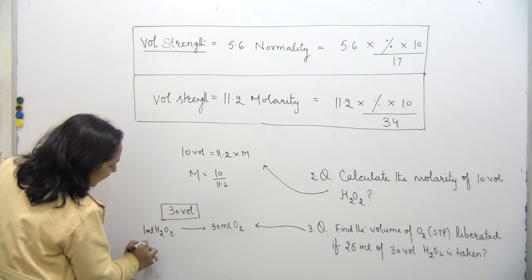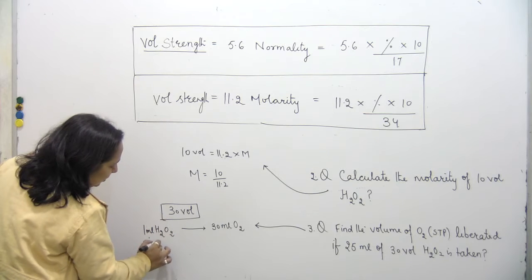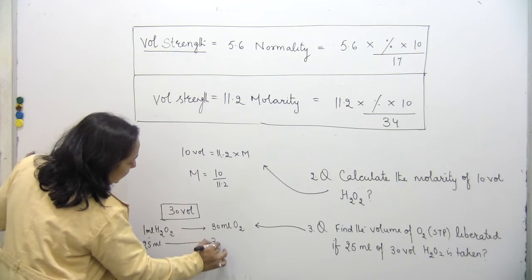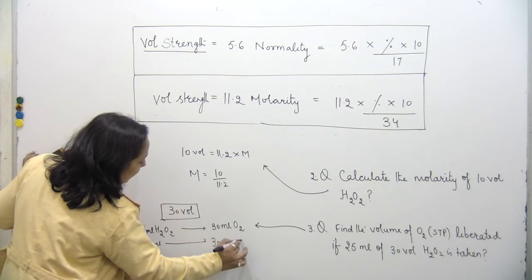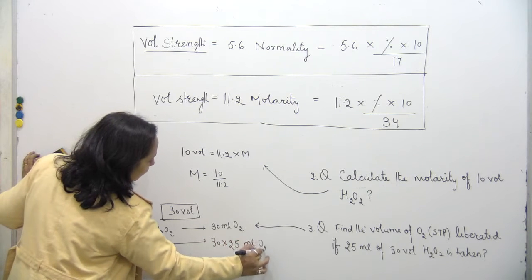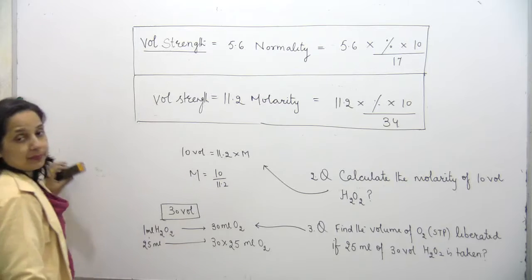Now we are having 25 ml of this solution. So answer will be 30 into 25. That will be the answer at STP.